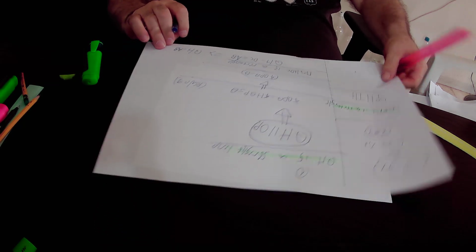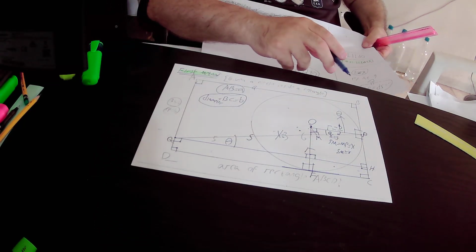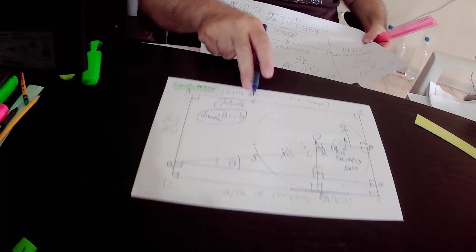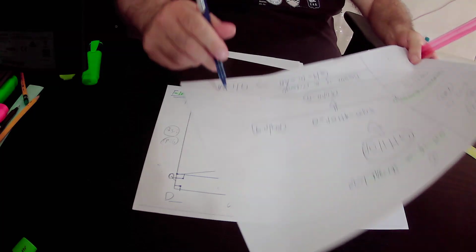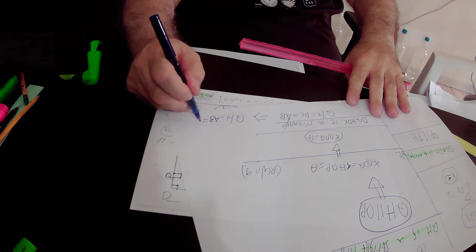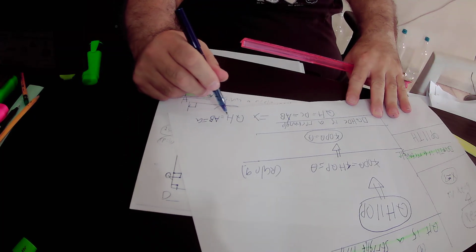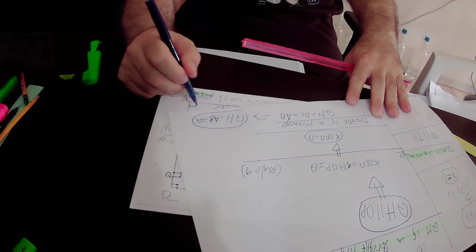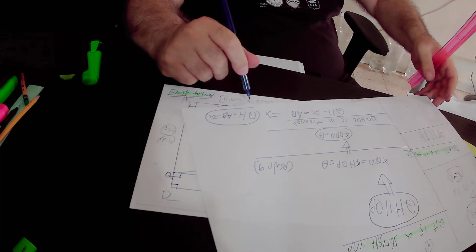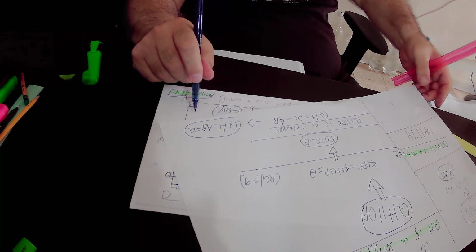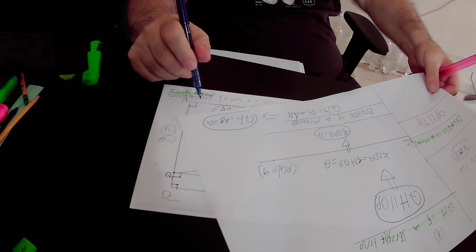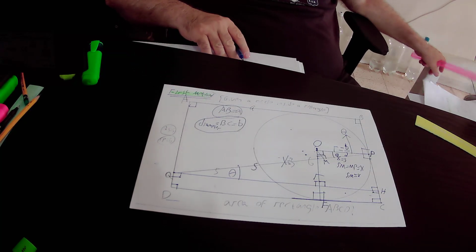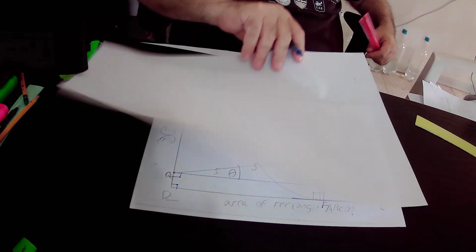But according to our definition, AB equals A. So I can write down that AB equals A. And from this equation, QH equals AB equals A, we will derive that QH is also equal to A.